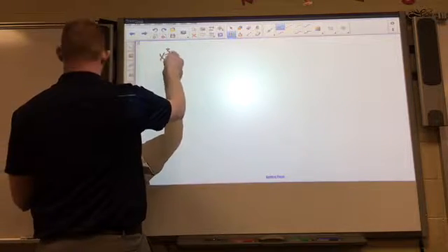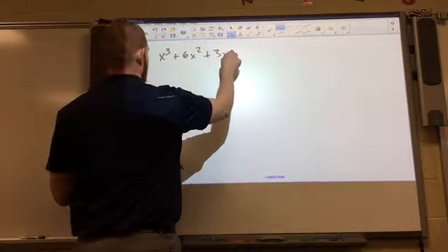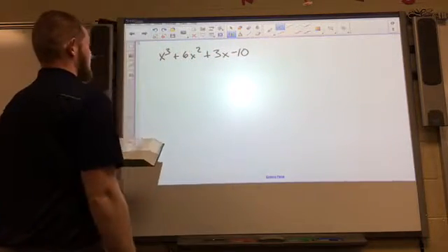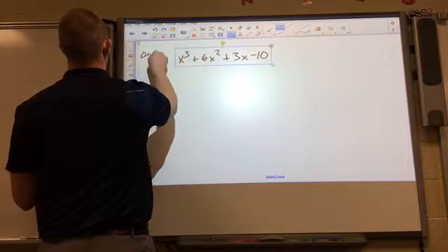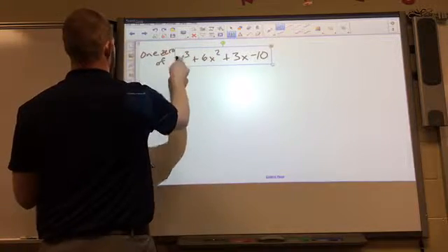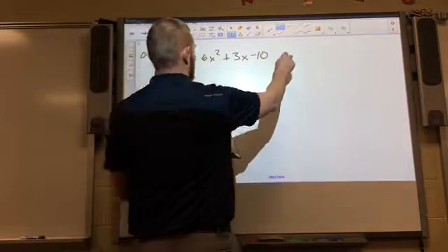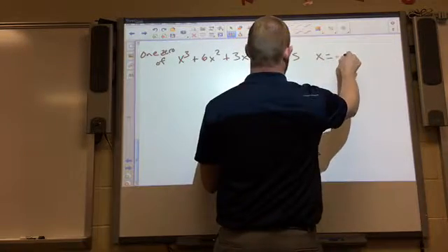x cubed plus 6x squared plus 3x minus 10. Okay, and the directions actually tell you this. They say 1, 0 of this is x equals negative 5.